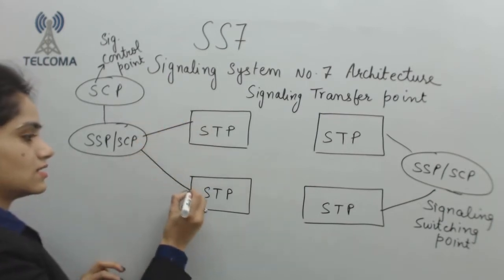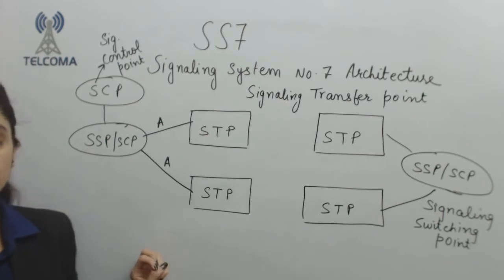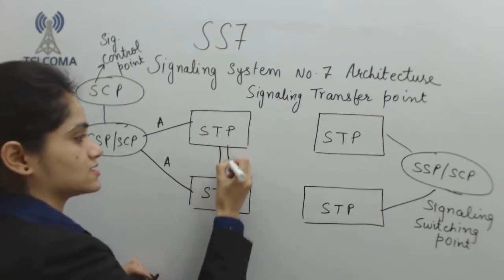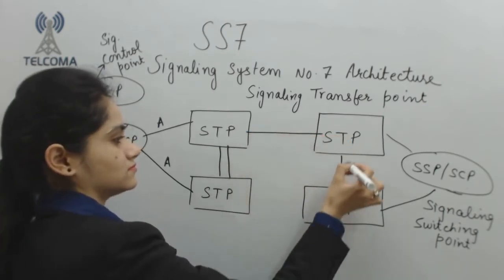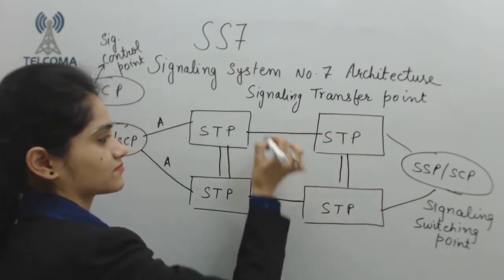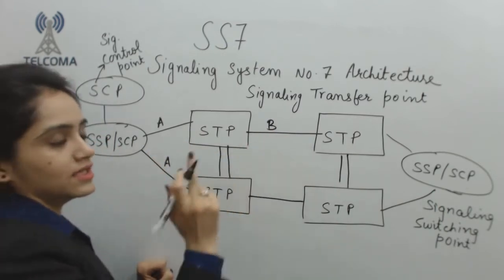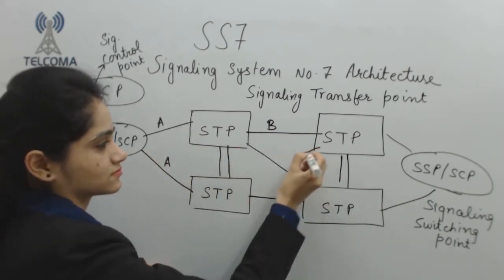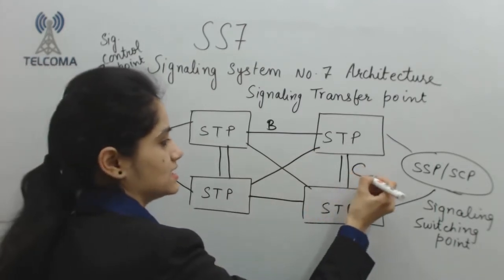So I will name the links through which they are connected, then we will discuss the description of the various links. So A link, then B link. After that B link, we have a C link.